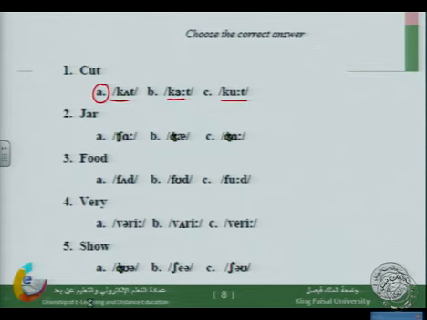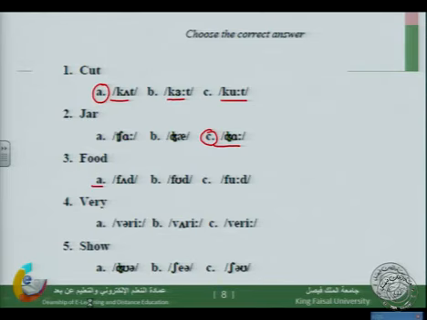Number 2. Jar. A, char, jaw, and jaw, like car. So the answer is C. jar. jar هي من الجرة مأخوذة من العربية.